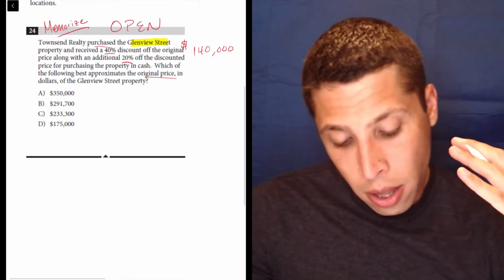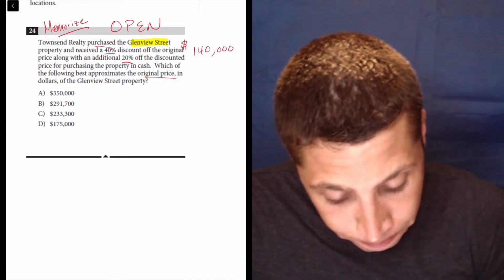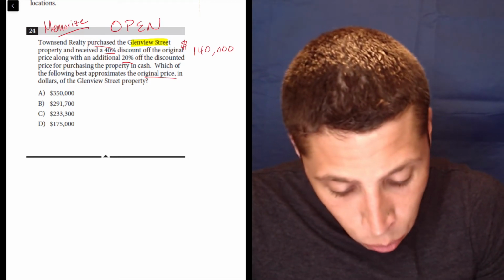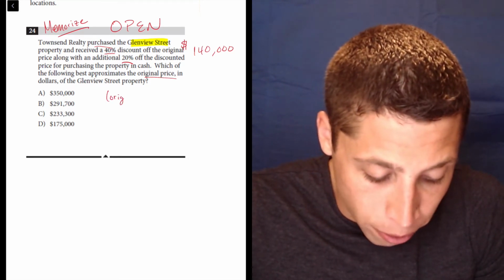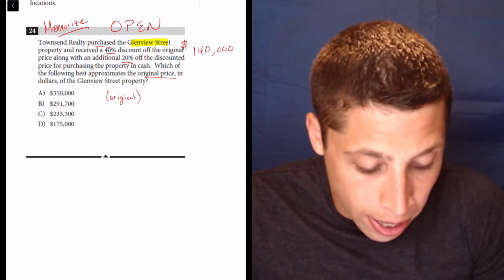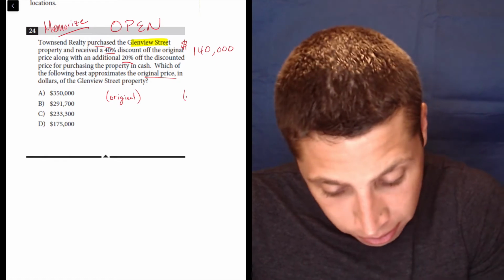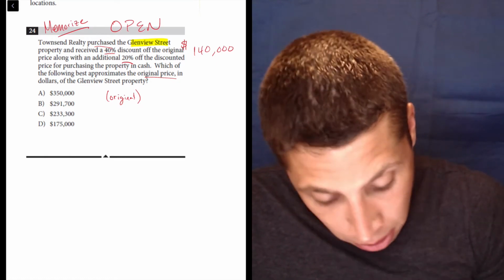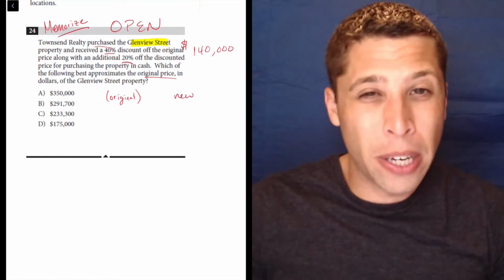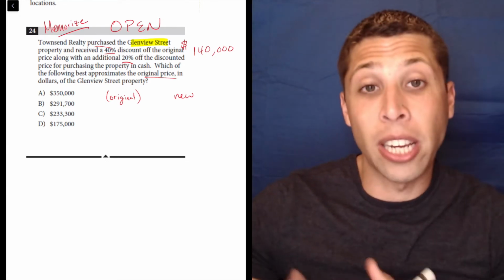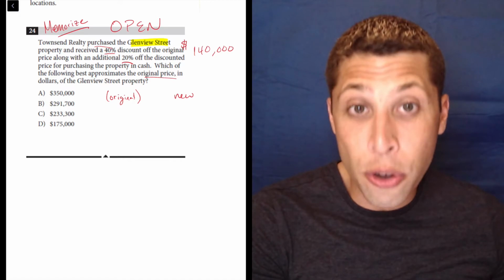So the key to the OPEN formula is knowing that there's a difference between the O, which stands for the original amount, and the N, which stands for the new amount. That doesn't need parentheses. The new amount, right? Because when we do something with percentages, there's an original value that we're taking a percentage of, and then there's a new value.